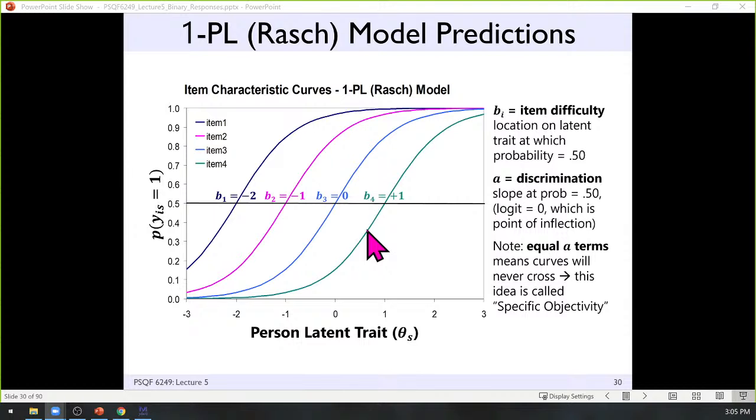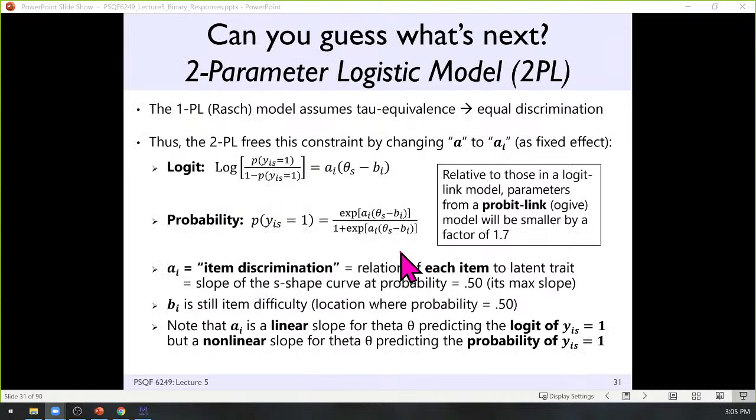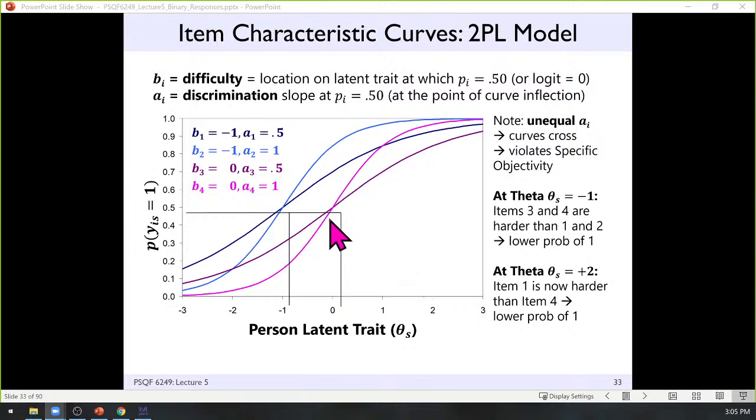So this picture right here would similarly not do a good job at discriminating anybody at a trait of 2 or 3. But that's not what those items are for. So it's not necessarily a limitation of the idea, but you need to have items out that far if you want to measure people out that far. And of 2 items that are at the same point of difficulty, you want items with stronger slopes because they do a better job at that point.